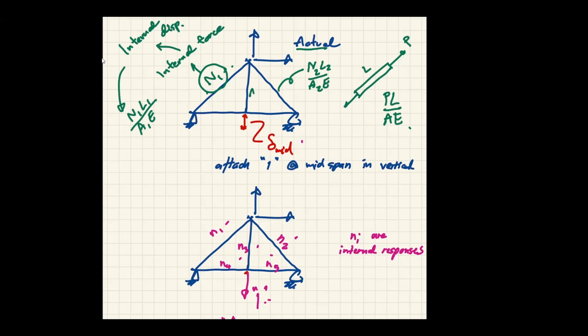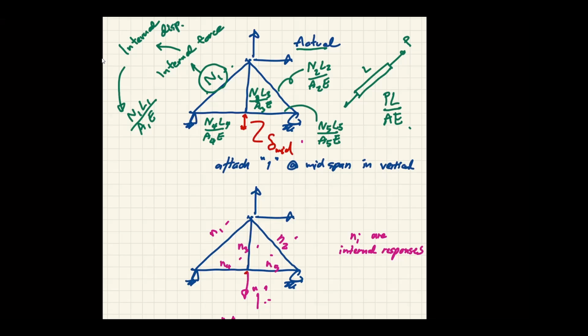So this one is going to be N3 L3 over A3, and then E. Then so on and so forth. N4 L4 over A4, and then E. And then N5 L5 over A5, and then E. So now you know each internal displacement.